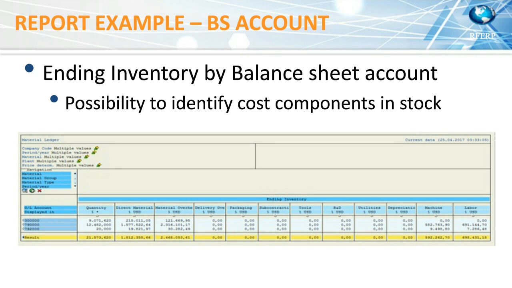You can say I have 30% of my finished goods stock, it's raw material A, it's raw material B, it's raw material C, or, if your production cost is not really the strong part, it's labor cost. You can also tell how much labor cost is in your end inventory. So it's much easier to do analysis because it's actual cost. It's not that you cannot achieve this today, but you need to download the materials, see the quantities, take the standard cost, everything in Excel. In a single report, you can achieve this.